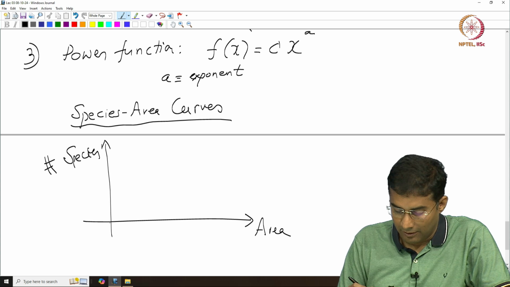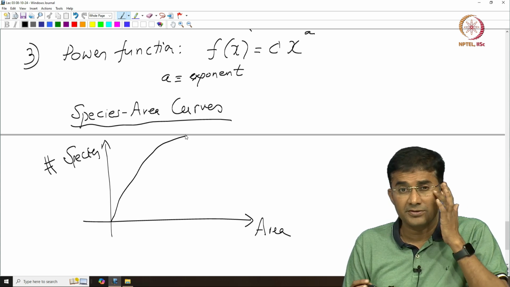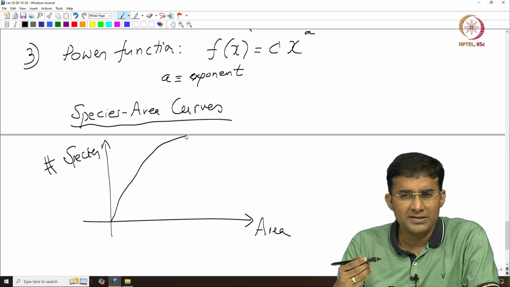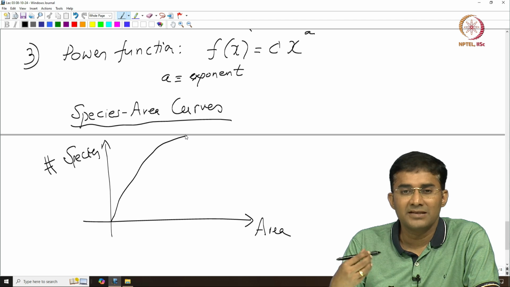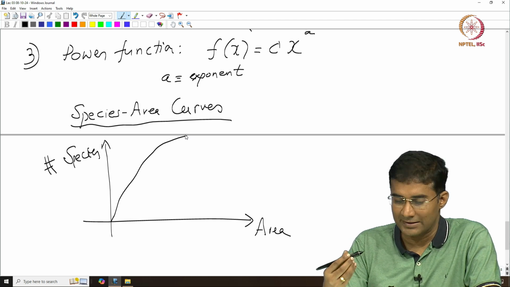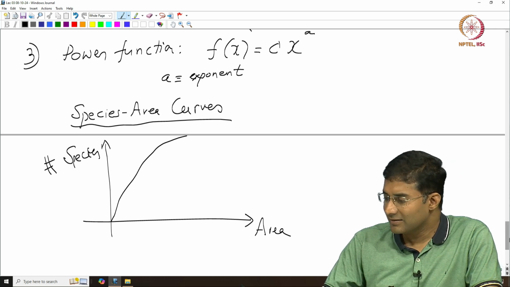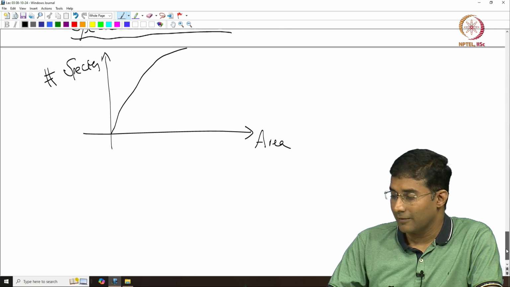It often follows this sort of a form: as you increase more area, the number of species does not increase proportionately, because the number of new species keeps on reducing with the new areas you are adding, right. Okay. So, it has this sort of a form.